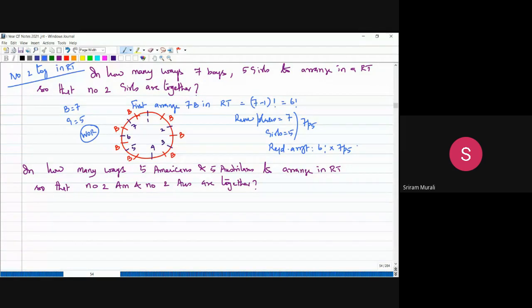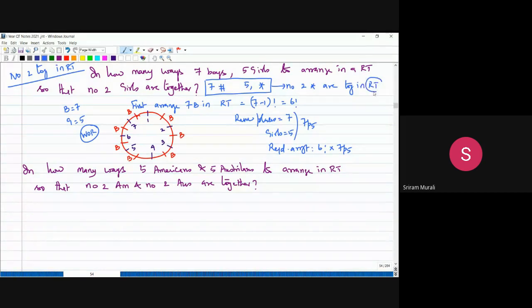If there is a repetition, we will divide. For example, in the place of boys, if I bring 7 ash shines and 5 stars, then what is the required arrangement, with no 2 stars together, in a round table?